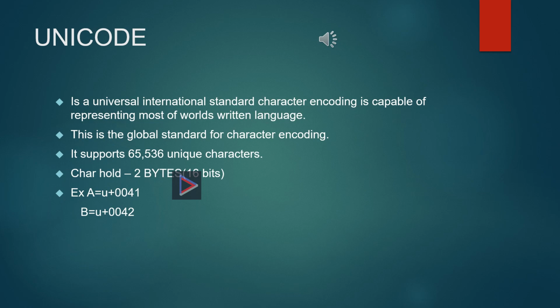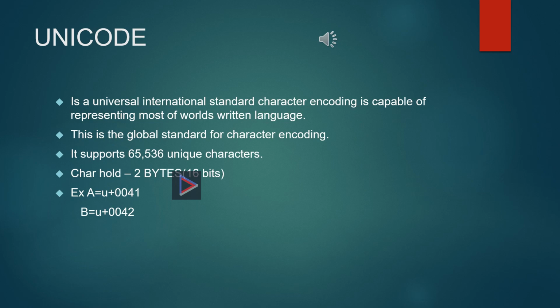What is the capacity of Unicode? Unicode supports 65,536 unique characters, and one character holds 2 bytes. Earlier, one character was 8 bits, but in Unicode format one character holds 2 bytes. 1 byte is equivalent to 8 bits, so 2 bytes is equivalent to 16 bits.